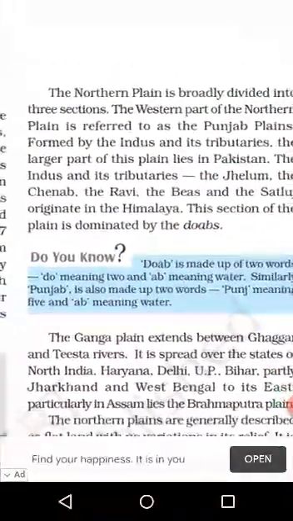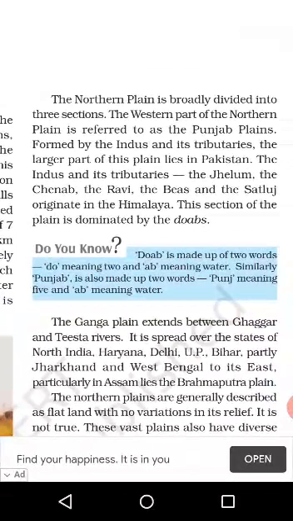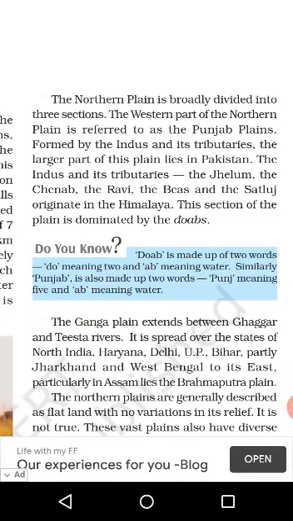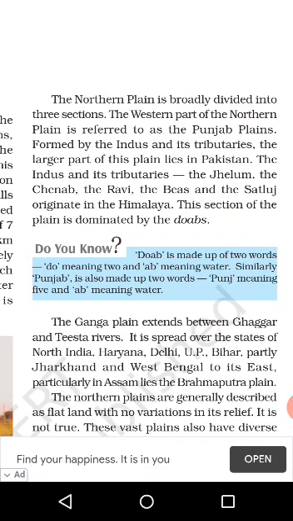And after that you come to know that the northern plain is broadly divided into three sections. The western part is known as the Punjab plains, formed by the Indus and its tributaries, but the larger part of this plain lies in Pakistan.